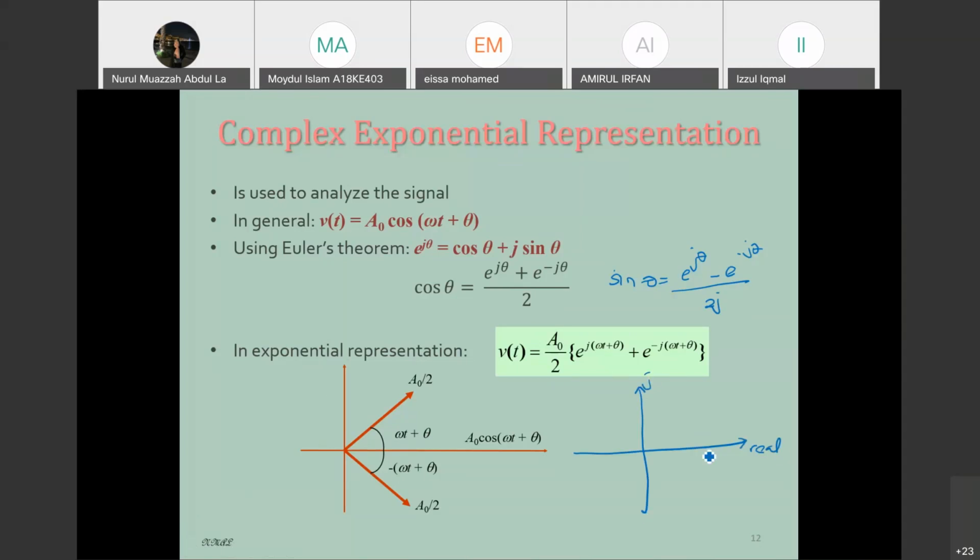Coordinates here: 1 0, negative 1 0, negative 1 1, 1 1. Negative 1 0 means only real number. There is no phase. For 1 1 here, you have pi over 2. Pi over 2 means the phase, but there is no real number. This one is negative pi over 2.